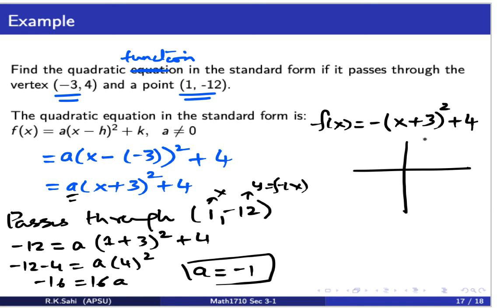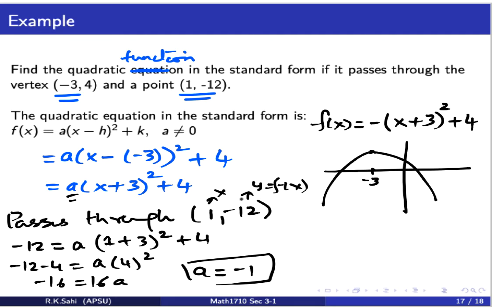The vertex is (-3, 4). Just look at minus 3 and positive 4, and then it's an upside down parabola like this one. That's how the graph looks.